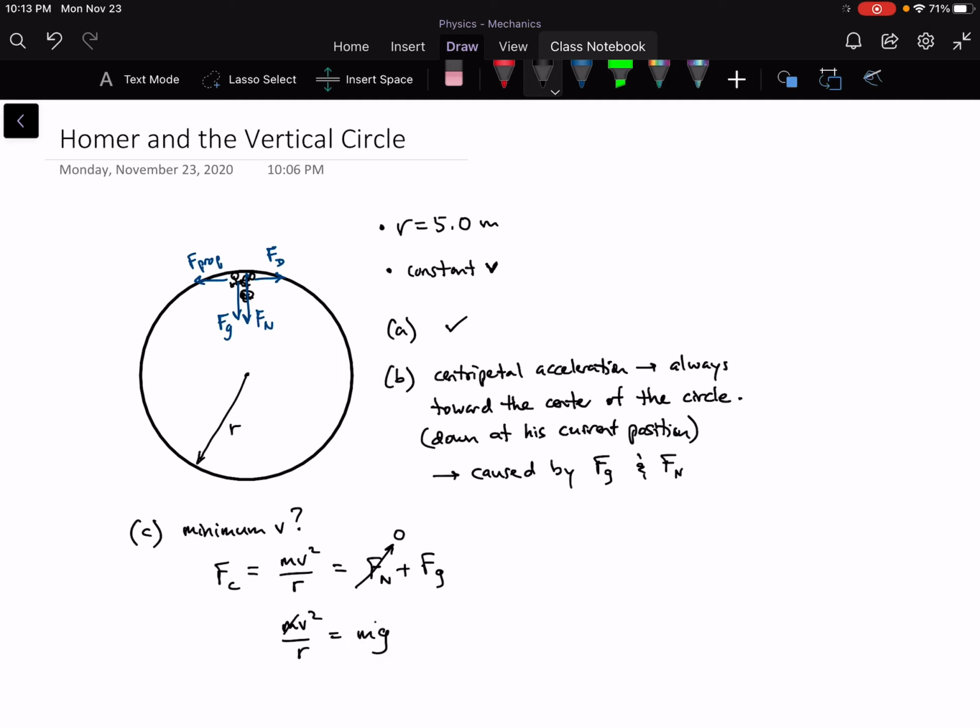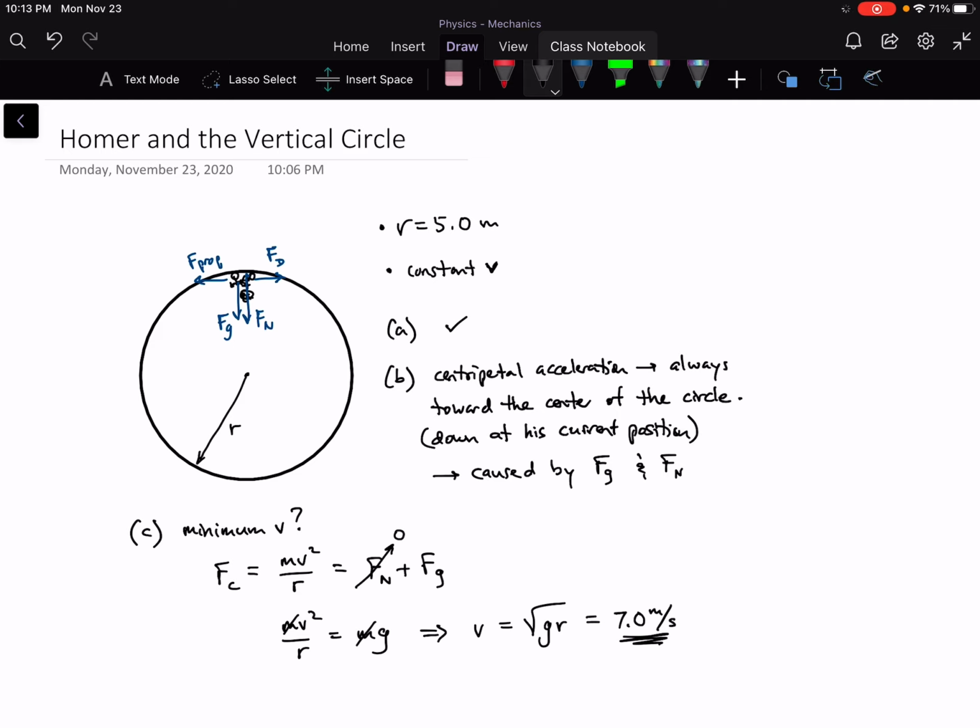You don't need to know his mass. You write out, you multiply both sides by r, you take the square root of both sides, and you get that v minimum is just equal to the square root of g times r. And when you shove those values in there, you get 7 meters per second for this set of numbers.